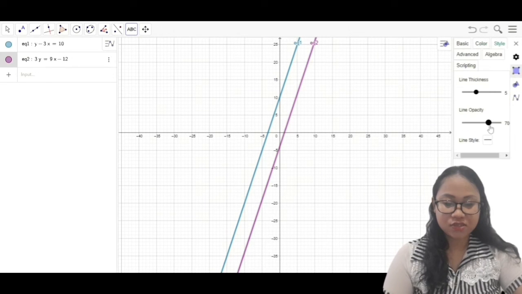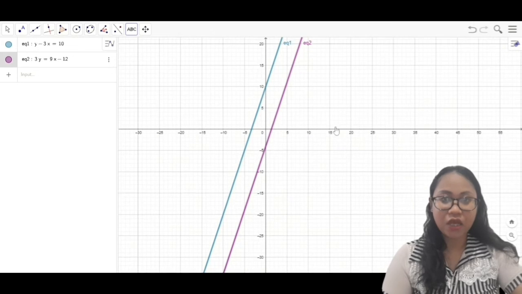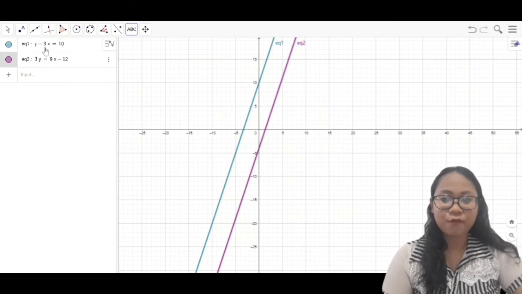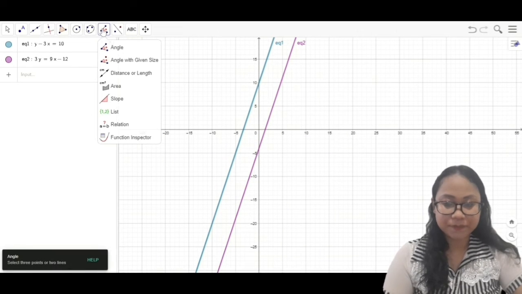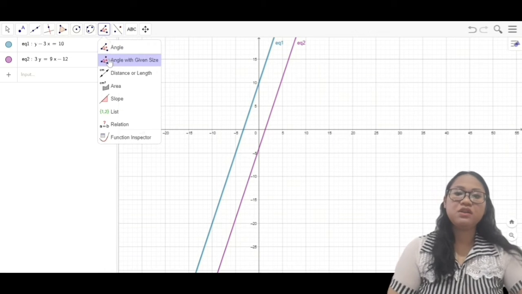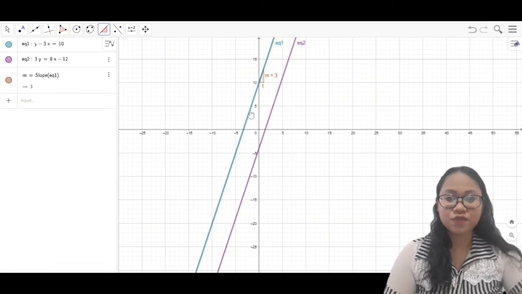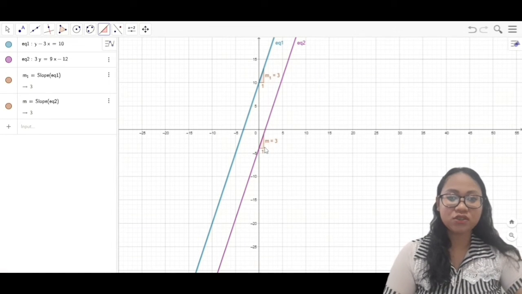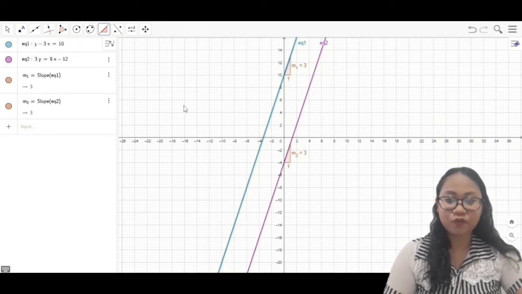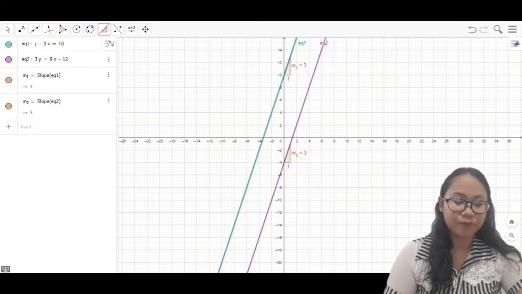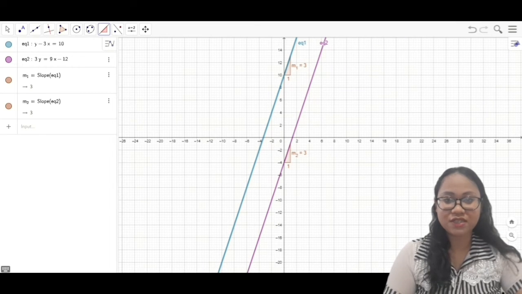We already learned how to find gradient by using GeoGebra from the previous activity. Just click the slope and choose the straight line. M1 and M2 equal to 3. GeoGebra shows the same value of gradient with what we have solved manually just now. That means our solution is true.